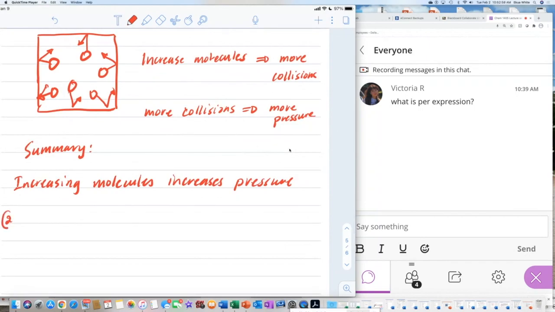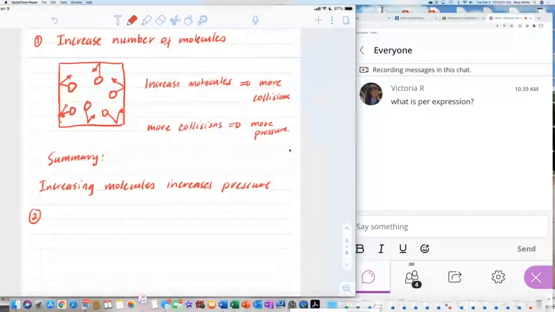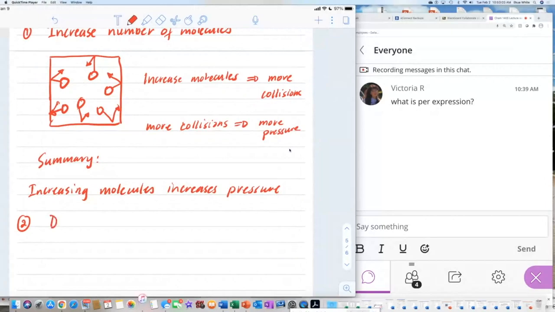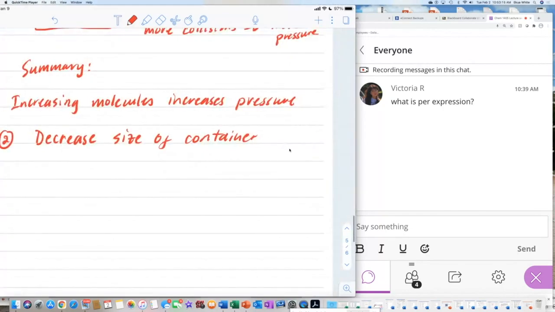Second scenario that I'll change here is, what if I decrease the size of the container? For me to show you this, I'll show you two containers. One container with a big size to the left, one container that's really small to the right.